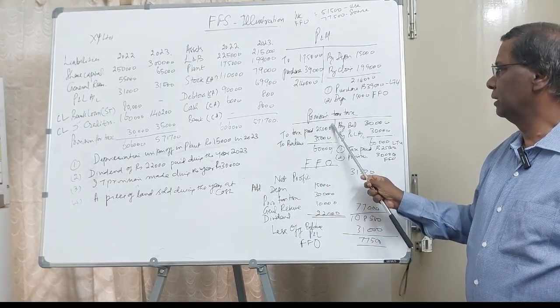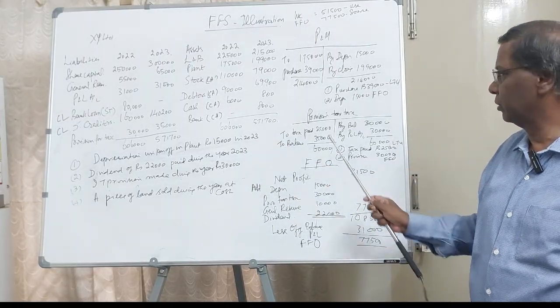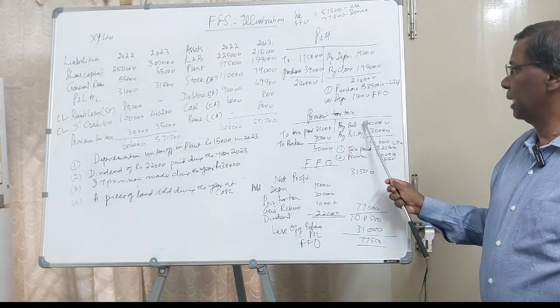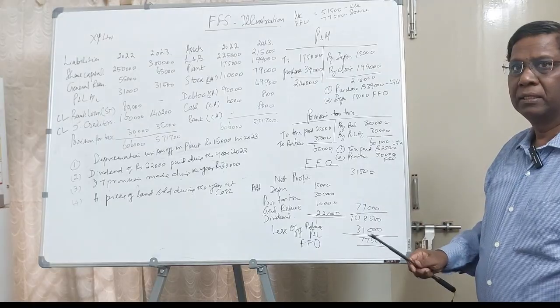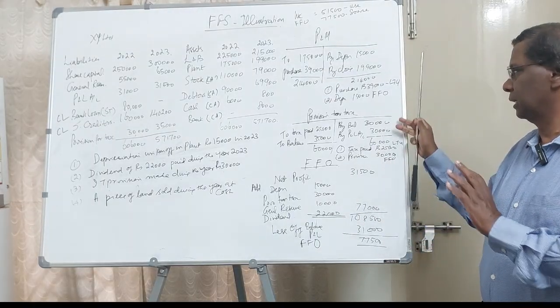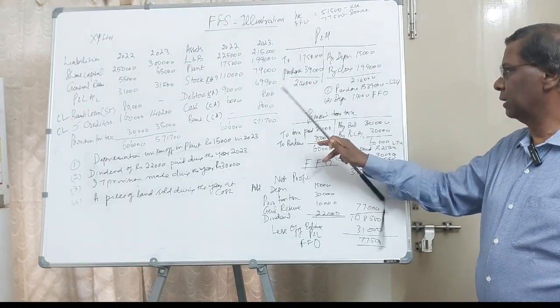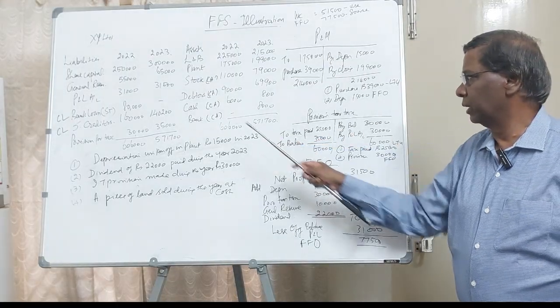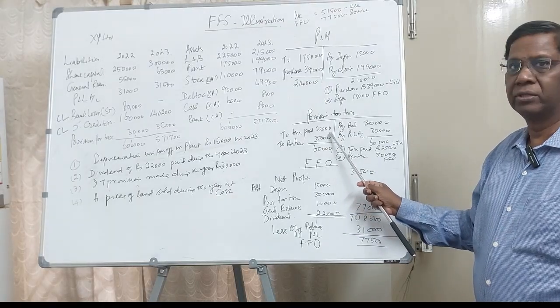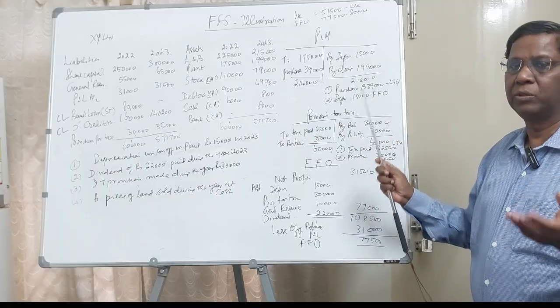So what is the balancing figure? It is 25,000. The 25,000 is nothing but the tax paid during the year.